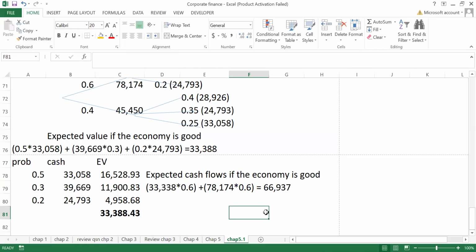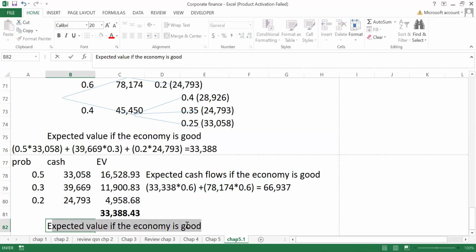What you could expect. Now, what will be the expected cash flows if the economy is bad? Remember, we are still coming from right to left.